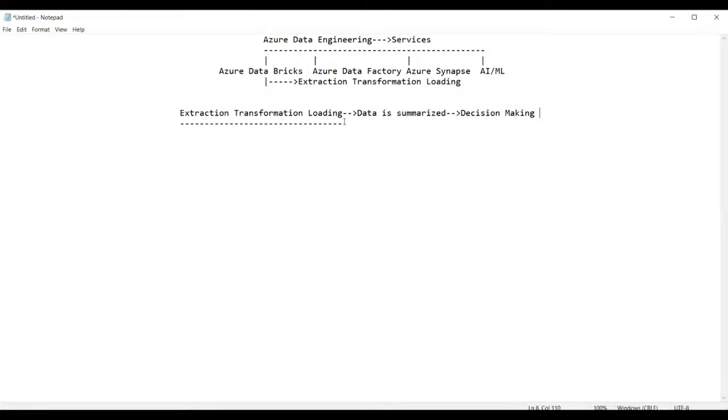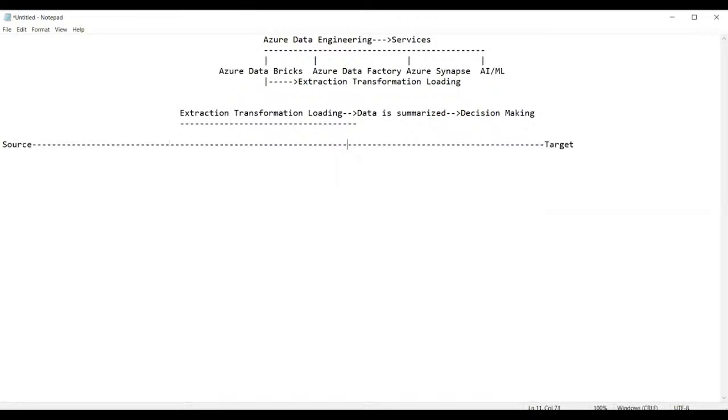So this process of extraction, transformation, and loading basically requires a source and a target.